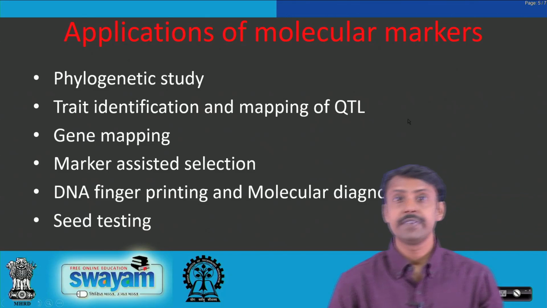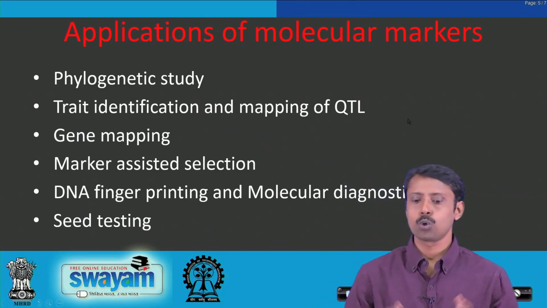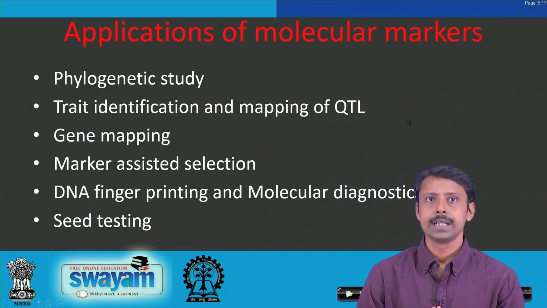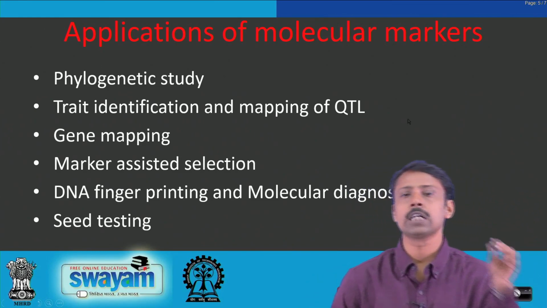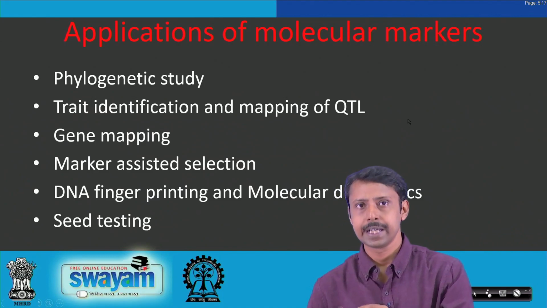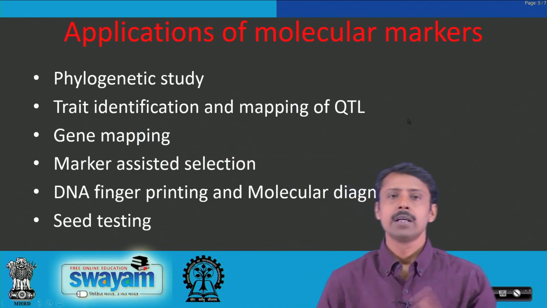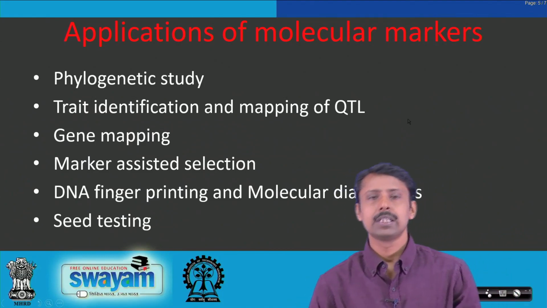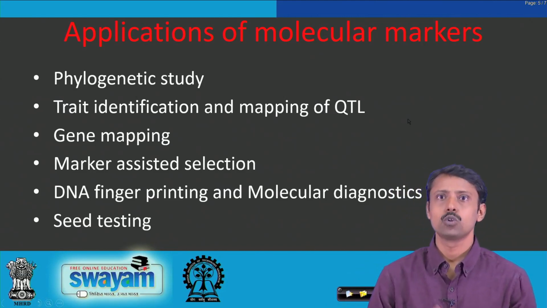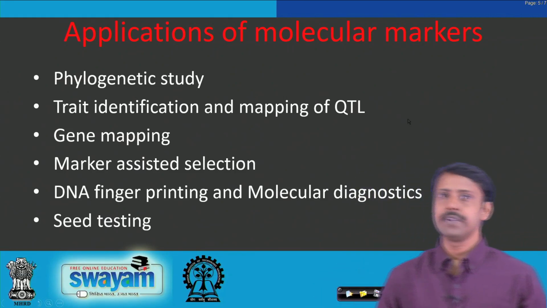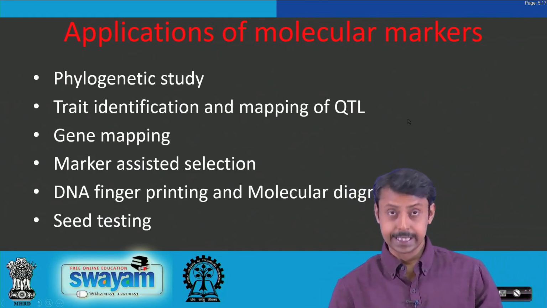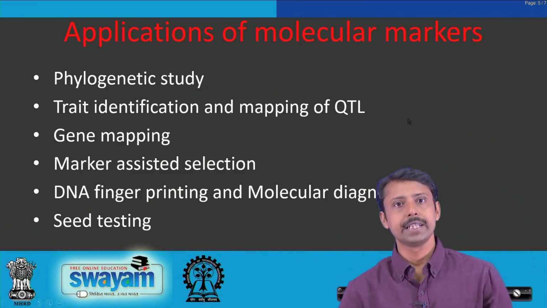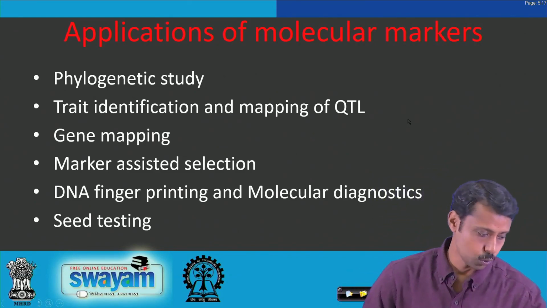Then trait identification and mapping of QTL, or quantitative trait loci, can be done using molecular markers, so which marker is associated with which particular trait can be identified. Then gene mapping can be done, marker assisted selection can be done through molecular markers, which we will discuss later on. Then DNA fingerprinting and molecular diagnostics can be done, and seed testing of different varieties can also be done using molecular markers.